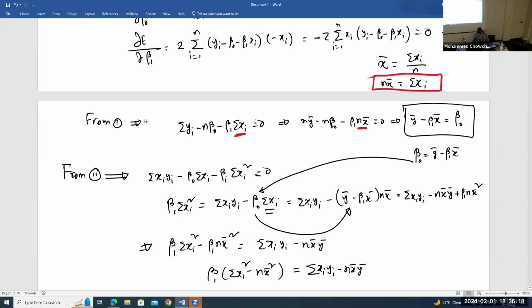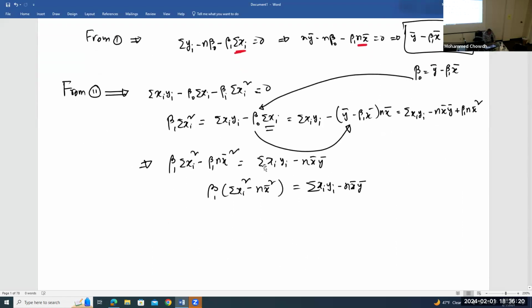Finally, this beta 1 is written as sum of xi yi minus n x bar y bar over sum of xi square minus n x bar square. So this is my beta 1, and this is my beta 0, which is equal to y bar minus beta 1 x bar.